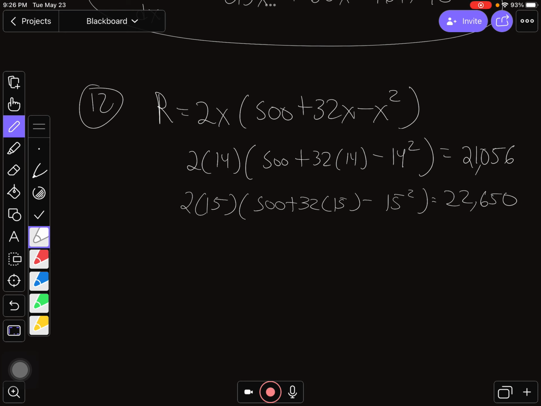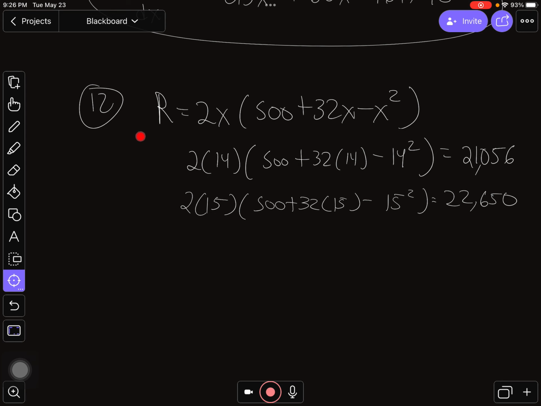Okay, so let me recap what I did here. This was the original function. This gives me the revenue from renting a certain number of apartments. Using this function, I figured out how much revenue results from renting 14 apartments, this much revenue. Then I figured out how much revenue results from renting 15 apartments, this much revenue.